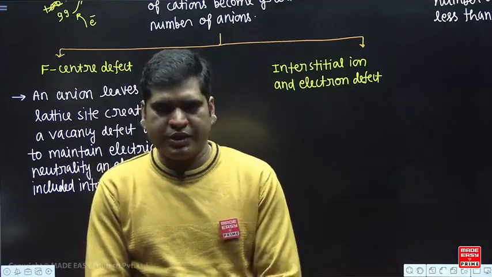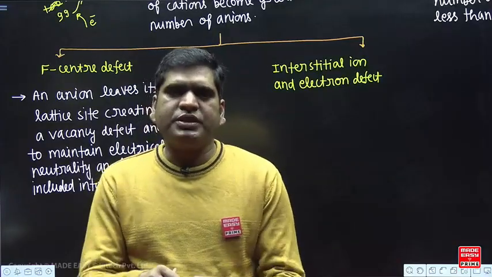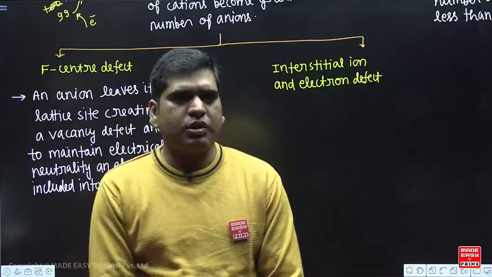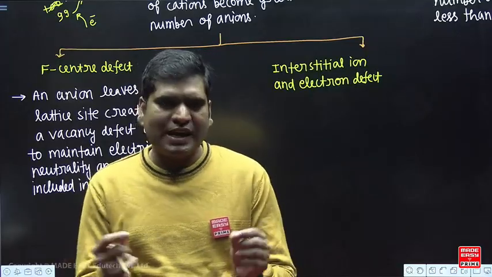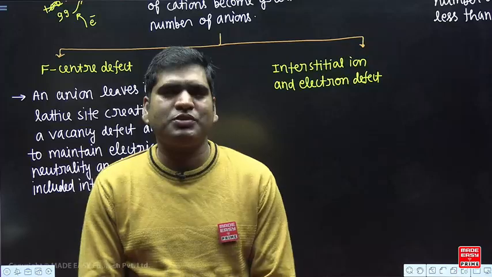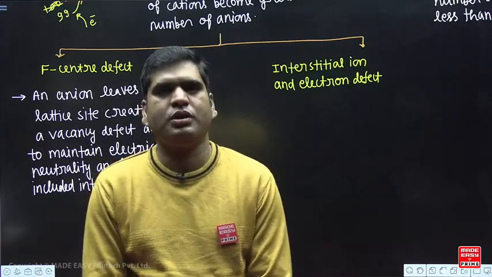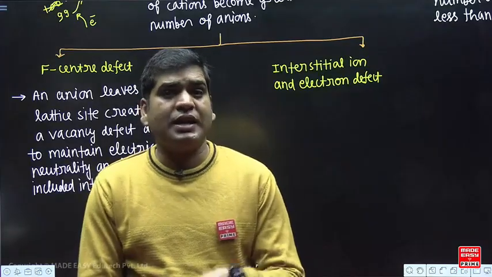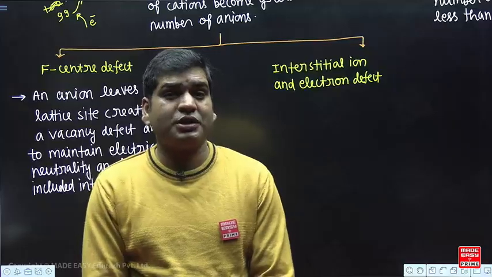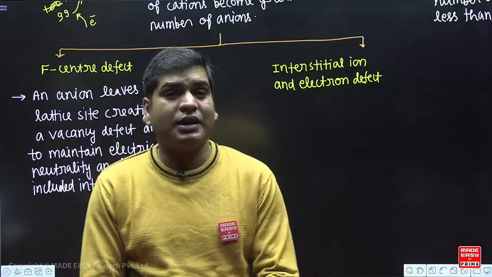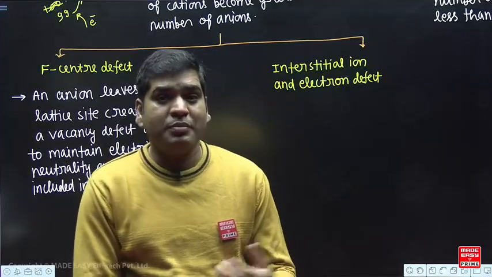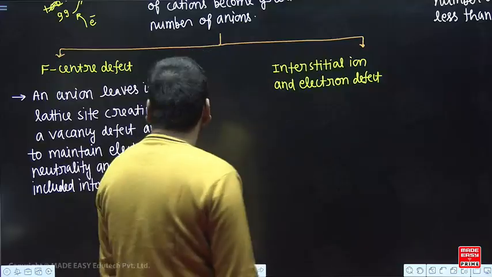So the number of cations will increase. Along with this cation, an extra electron is also coming into the material. So this electron will balance the extra positive charge of the cation, and the material will remain neutral. But due to this cation, an interstitial defect is created. Such kind of interstitial ion electron defect is known as metal excess defect.